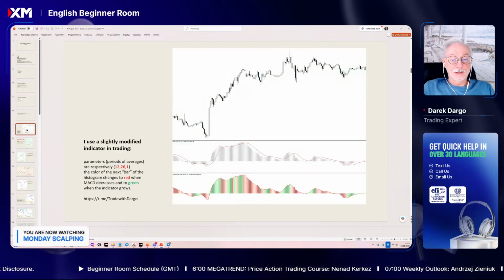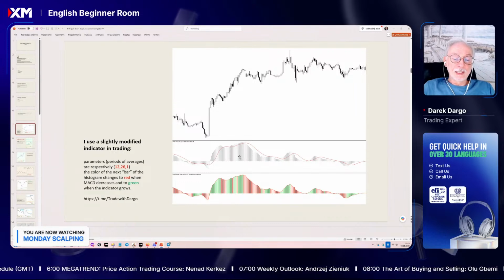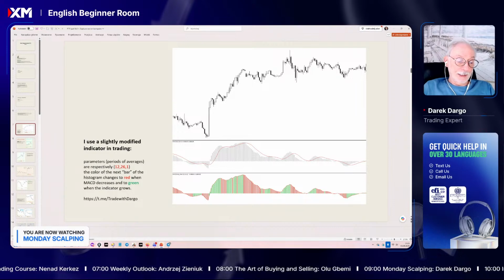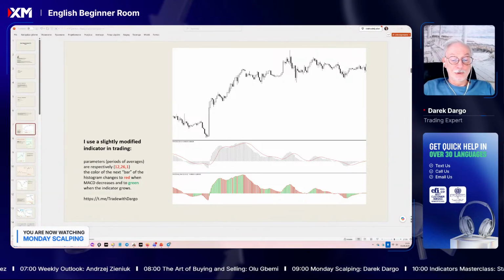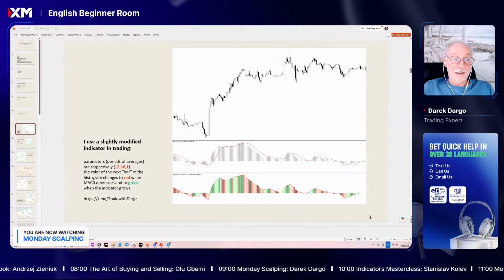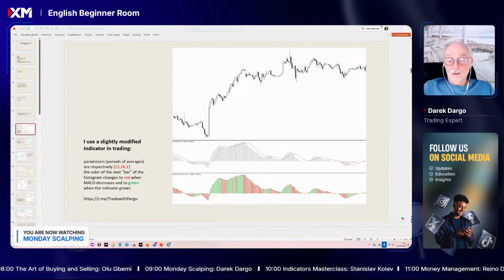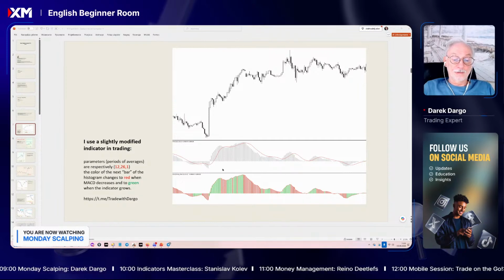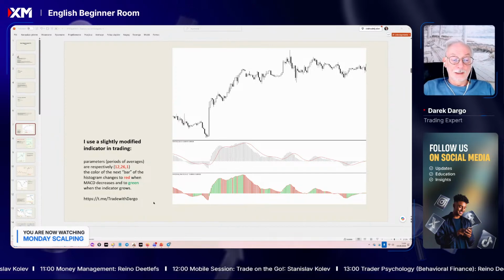When you look at the MACD on your computers, it looks like this. The one I am using looks like that. The only difference is the change of the color, because the values are the same. I'm using the same settings as the original.